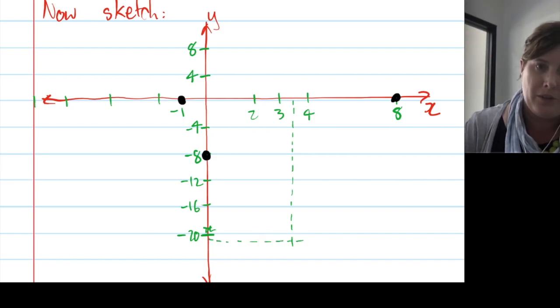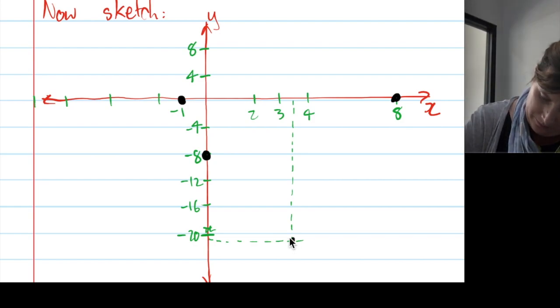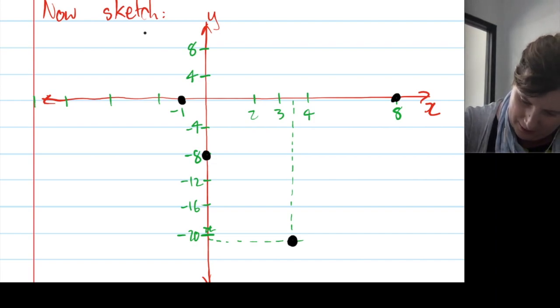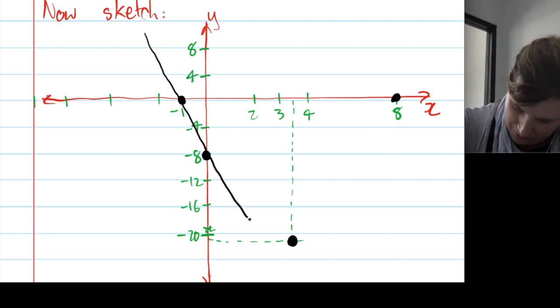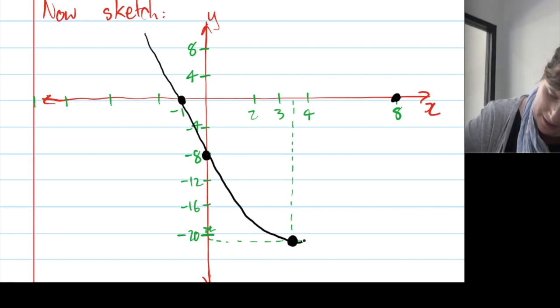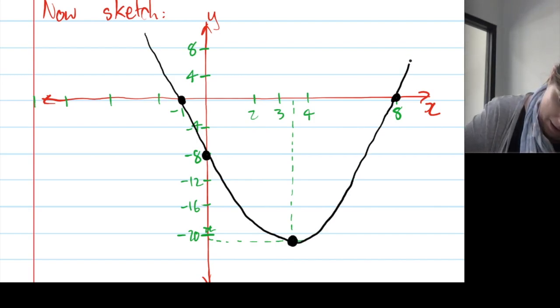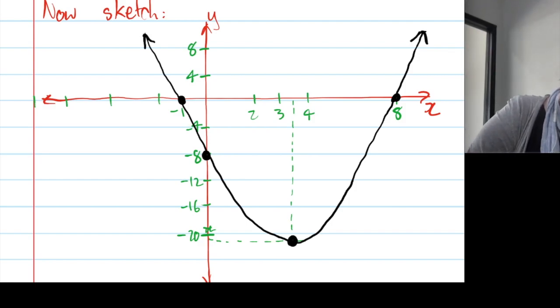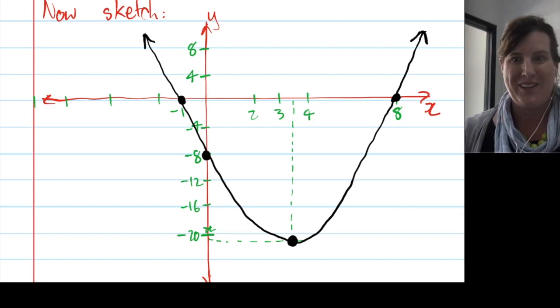So I'm going to have to put a dot there as well. And then my parabola, you kind of just smooth it out as much as you can. And it looks like that. Not very pretty, but it'll do.